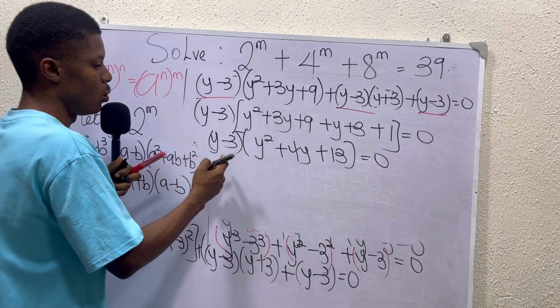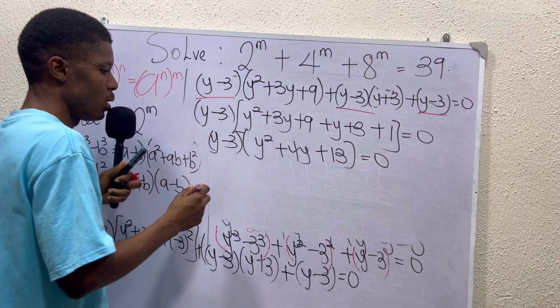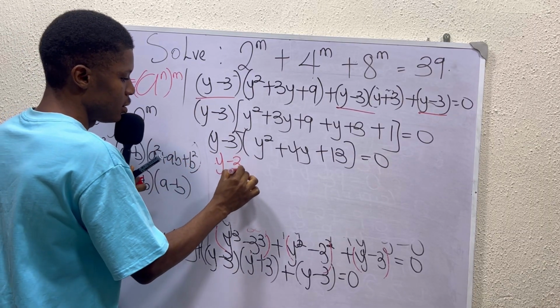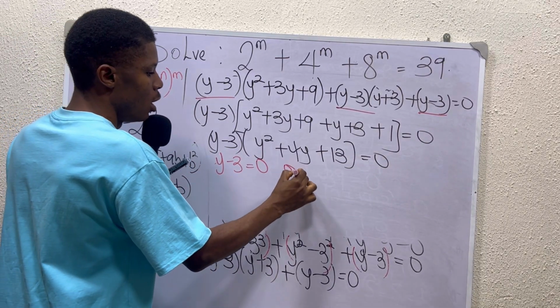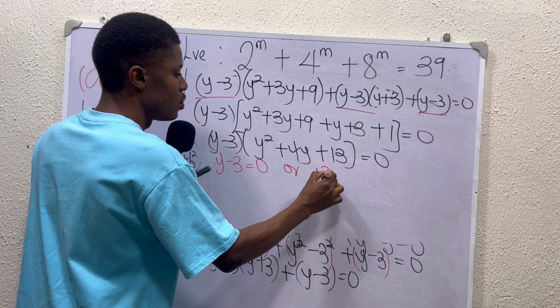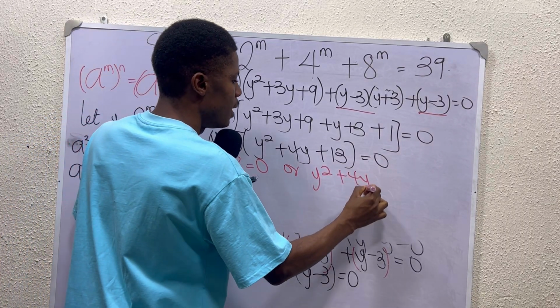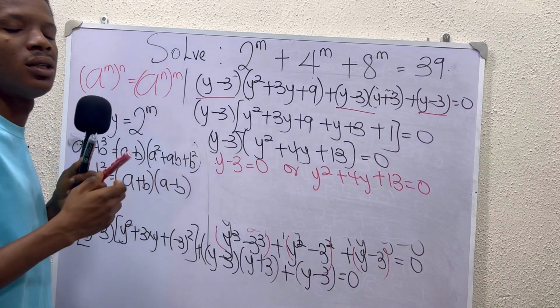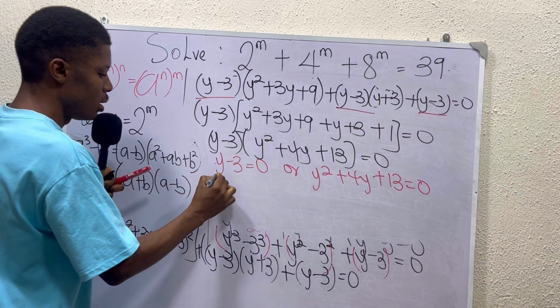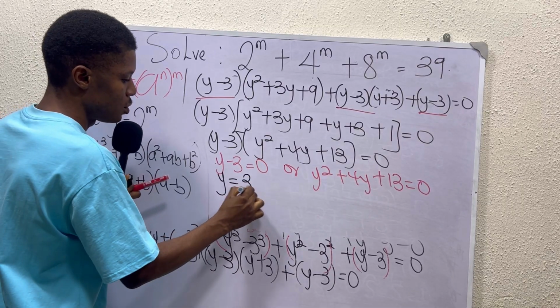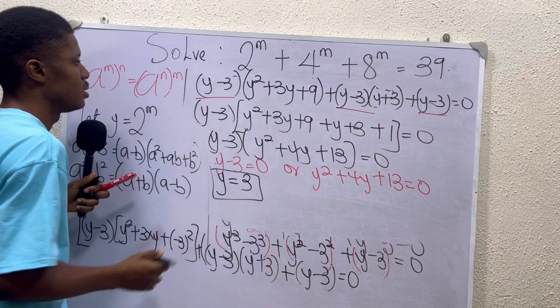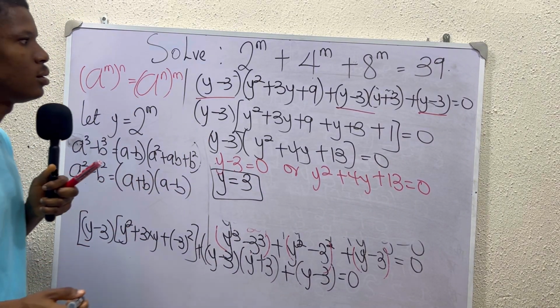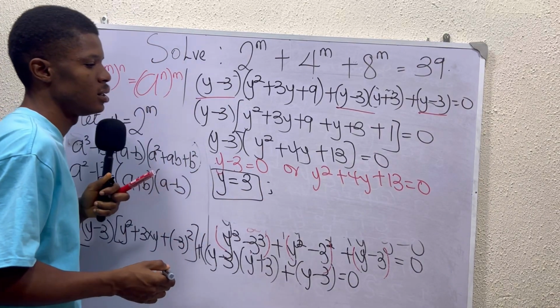In this expression, when two terms multiply to get 0, that means y minus 3 equals 0, or y squared plus 4y plus 13 equals 0. So clearly y equals 3 when you add 3 to both sides.